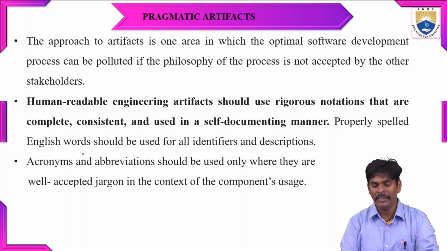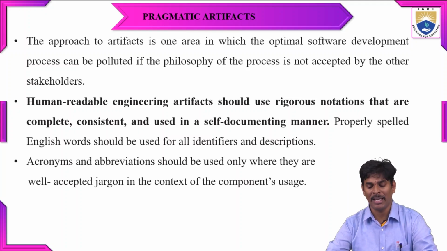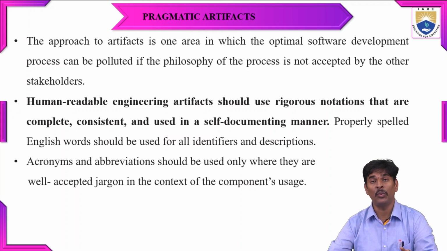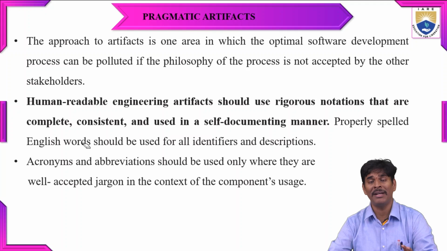Here English words should be used for all identifiers and descriptions. So when you are writing the paper, there should be English sentences, and acronyms and abbreviations should be used only where they are well accepted, and they need to minimize the jargon.